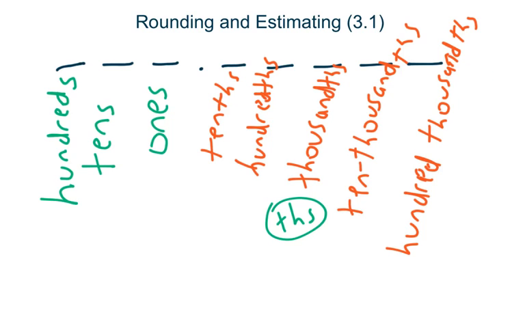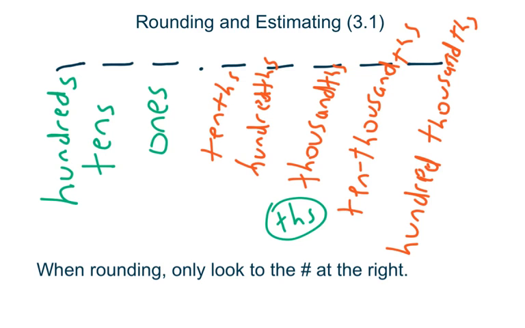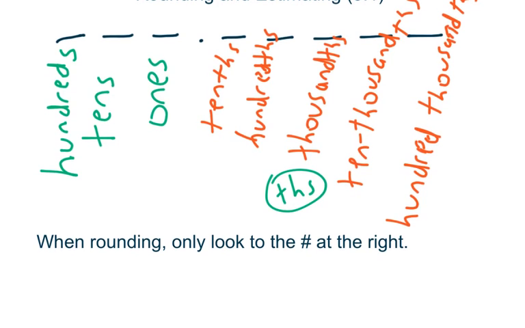And when we round, we want to only look at the number to the right. So think about the digits we have, 0 through 9. We could have a 0, 1, 2, 3, 4, or we could have a 5, 6, 7, 8, or a 9.